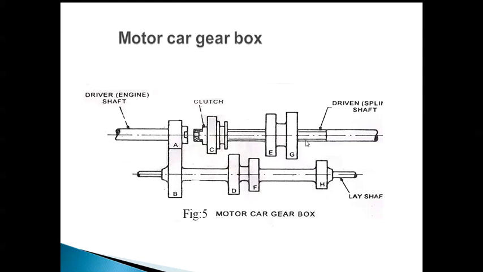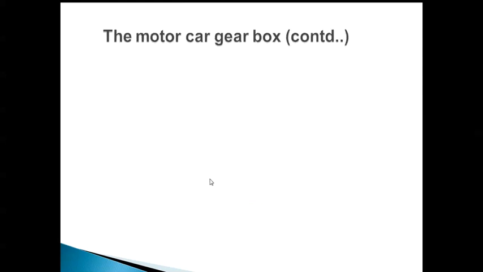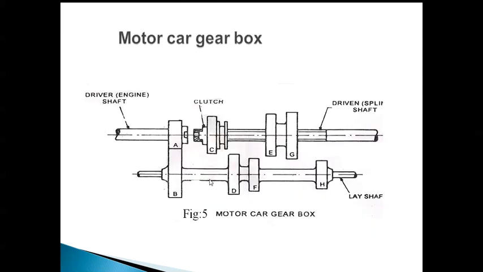So here A is keyed to the driving shaft and is in constant mesh with wheel B. So here you can see the driving gear, the driver shaft, which is connected to the engine.